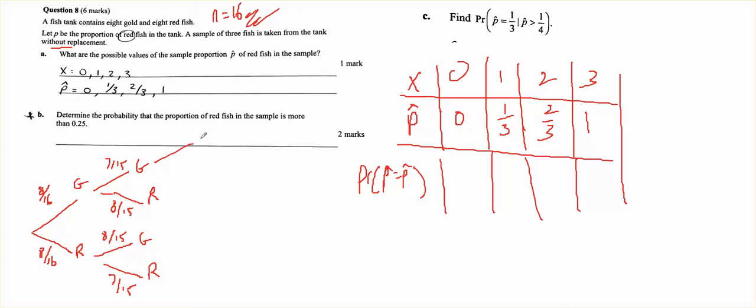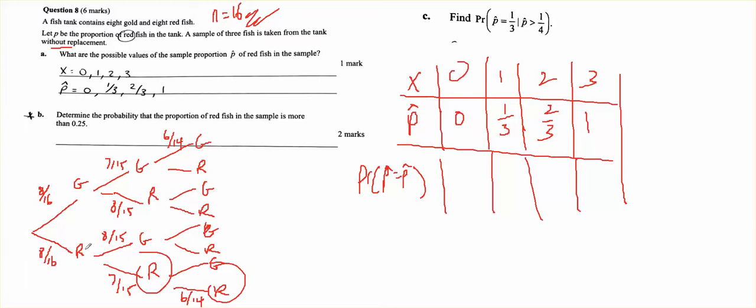And for the third, I can get gold or red, gold or red, gold or red, gold or red. And this would be 6 out of 14, and this would be 6 out of 14. The probability of getting red, red, and red is identically the same as getting gold, gold, and gold.